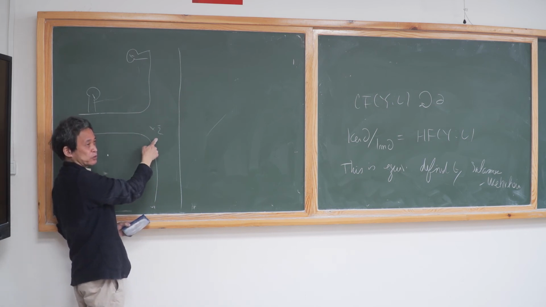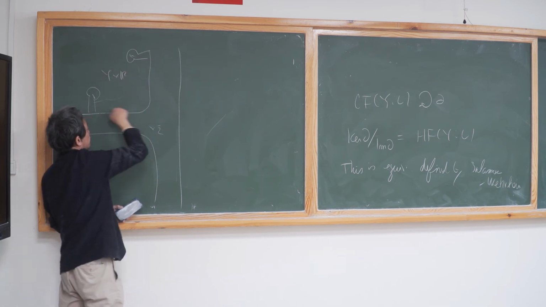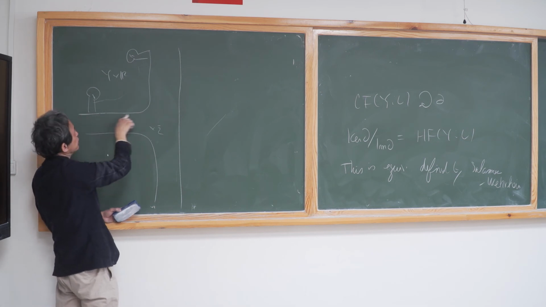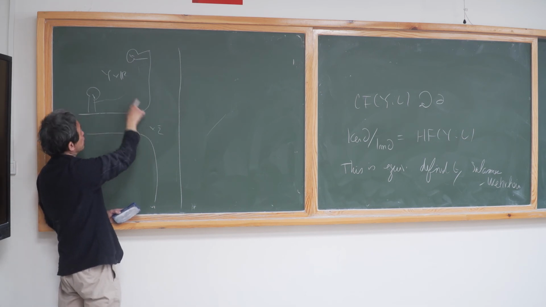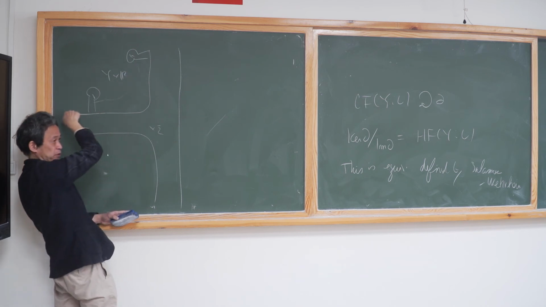You have a 4-manifold. And you have this Y cross R. The boundary of this is sigma cross R, and the boundary of Y cross R is also sigma cross R. So you can glue them together.